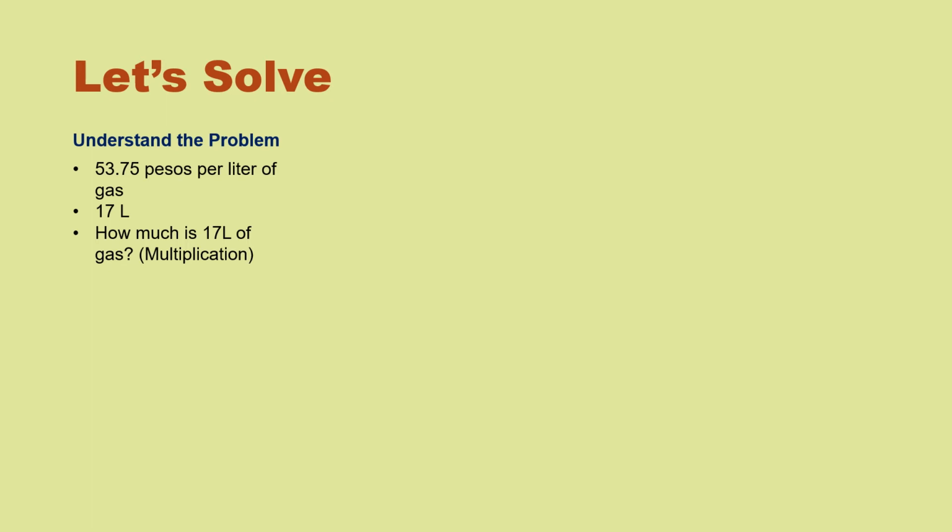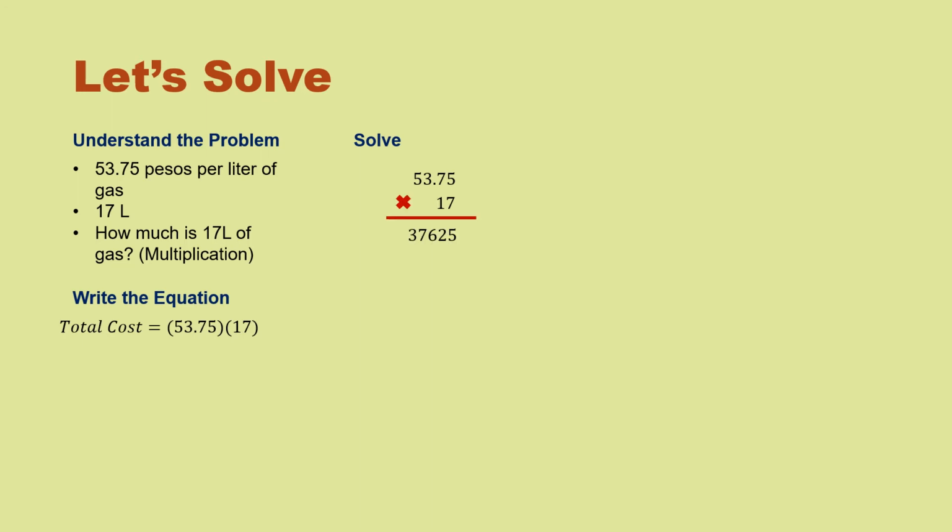The easiest way to work on that is multiplication. However, there are other processes, you can do addition, right? So let's write now the equation using multiplication. Total cost is equal to 53.75 times 17. Now solving that, you can use the vertical way. 53.75 times 17 is equal to, so 7 times 53.75, the answer is 376.25.